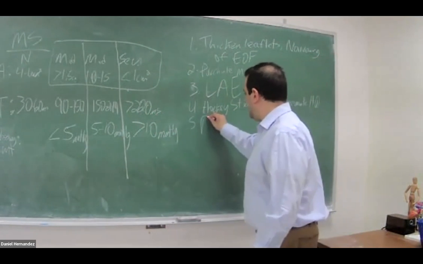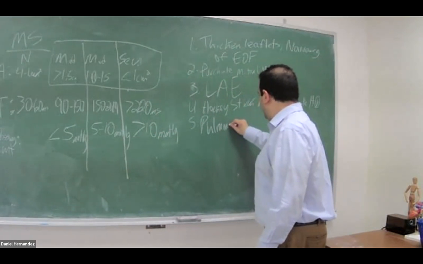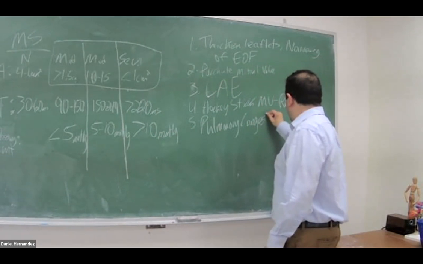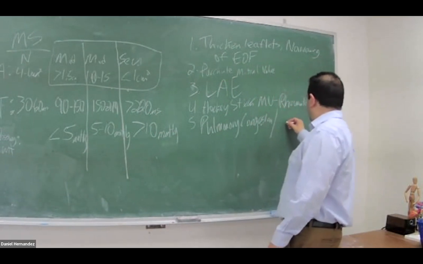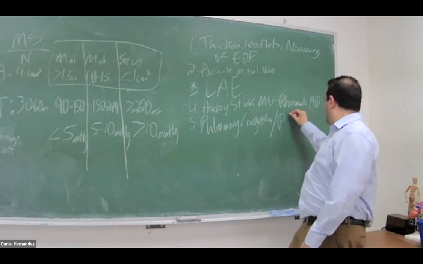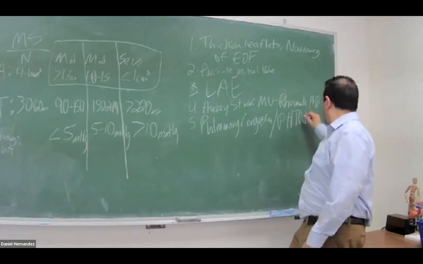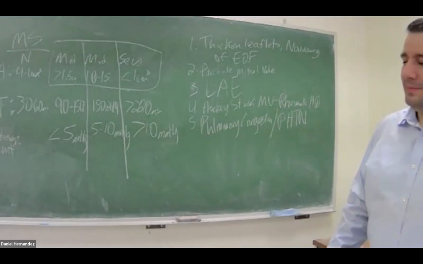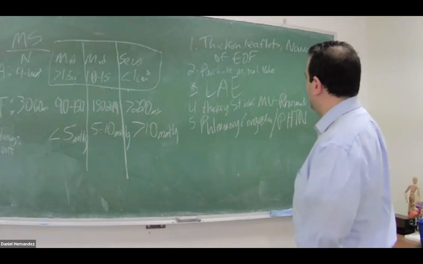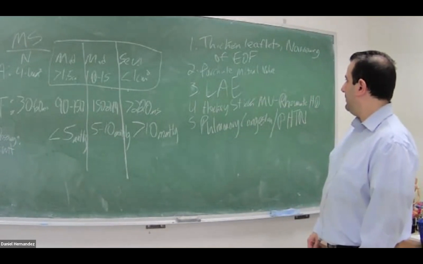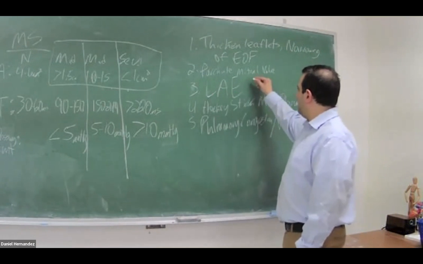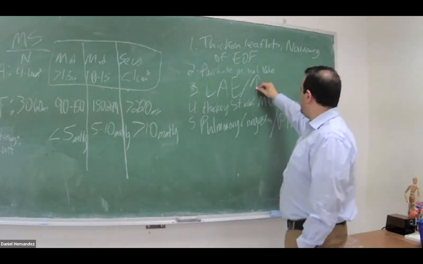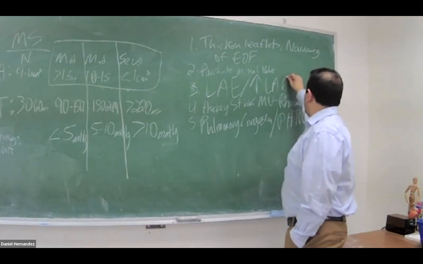So pulmonary congestion, slash pulmonary hypertension, HTN. So left atrial enlargement. I'm going to put a little arrow pointing up: increased left atrial pressures.